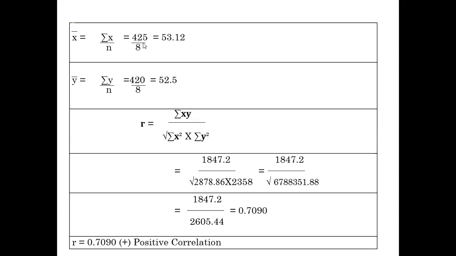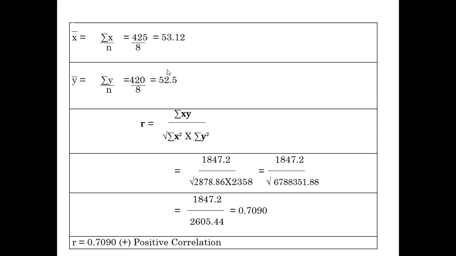So 425 divided by 8, you will get 53.12. If you get a fraction, write it like that only and do the calculation as it is. And sigma y is 420, so y mean is sigma y by n, 420 divided by 8, you will get 52.5. So this is the x mean and this is the y mean.